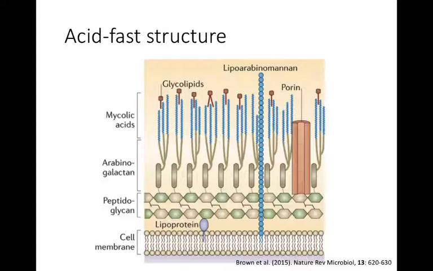Okay? These do not stain gram-positive or gram-negative. Why? I'll give you a minute to think about it. It has something to do with the structure of this envelope here. Okay? They don't stain positive or negative.